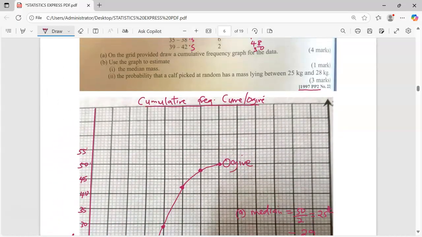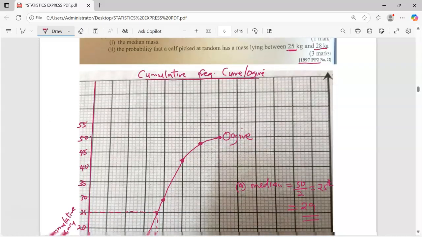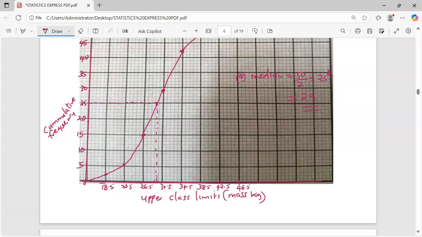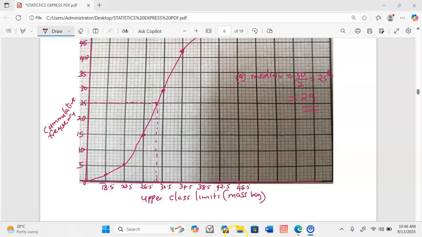we are supposed to find the probability that a calf picked at random has a mass of between 25 kilograms and 28 kilograms. So we go to the upper class limits and pick a point along the x-axis. Locate 25, that is 22, 23, 24, 25.